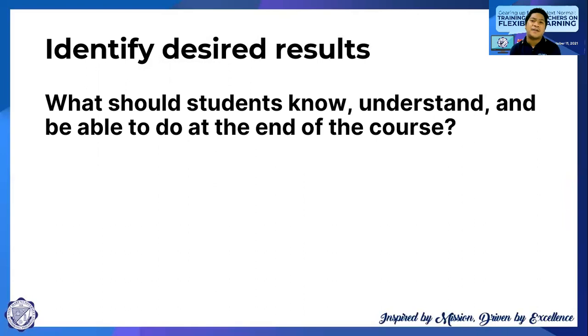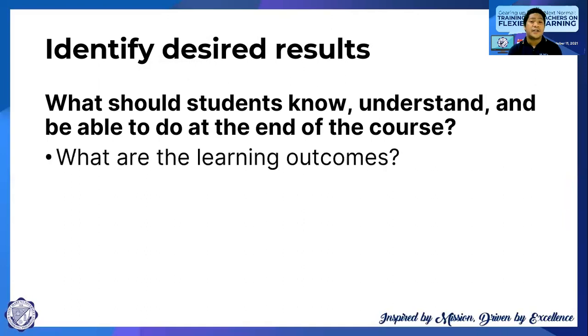Desired results can be in the form of outcomes, performance targets, or objectives or goals, depending on the nomenclature that an institution is using. But for higher education, since we're following outcomes-based education, we call these desired results in general as outcomes. So what are other questions that we need to address for identifying desired results?